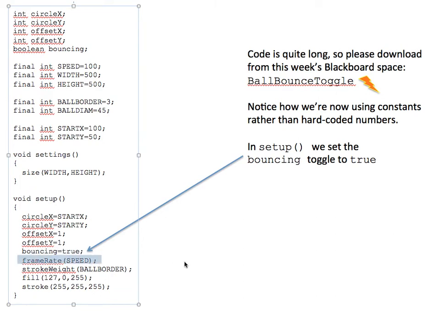You'll remember that draw is called over and over again, and this tells us how many times we want to call draw per second. So that just allows us to control the speed of the animation. Everything else is pretty straightforward. We've seen it before. But you'll notice how we set bouncing to true. Bouncing is a Boolean variable here, and we initialize its value to true in setup.